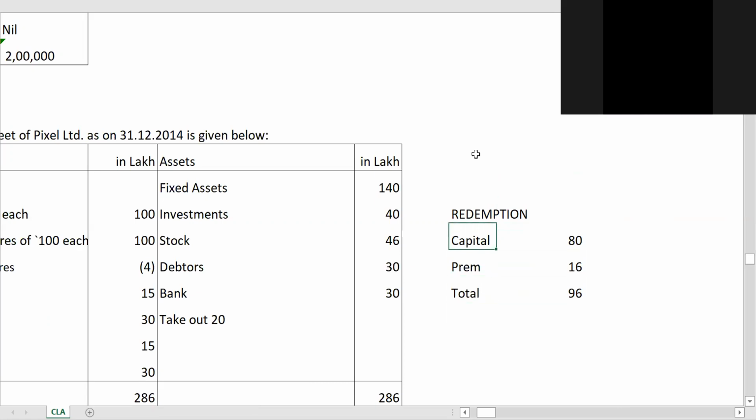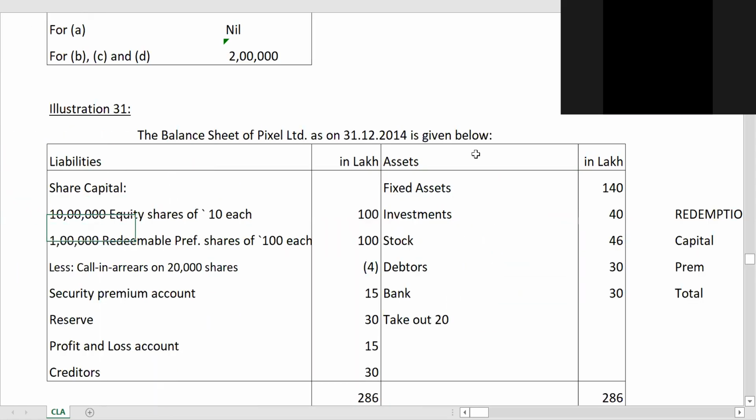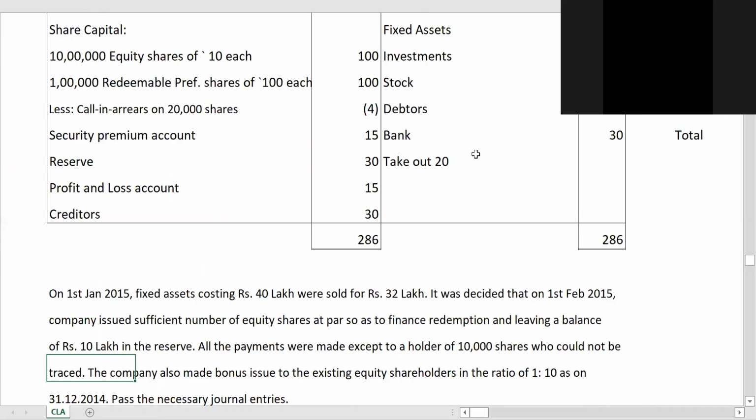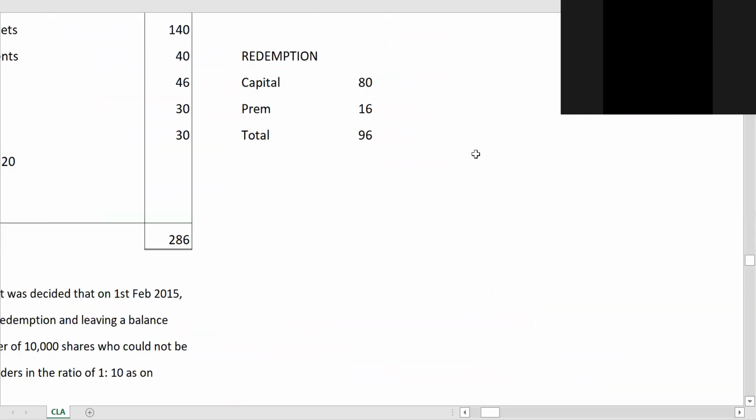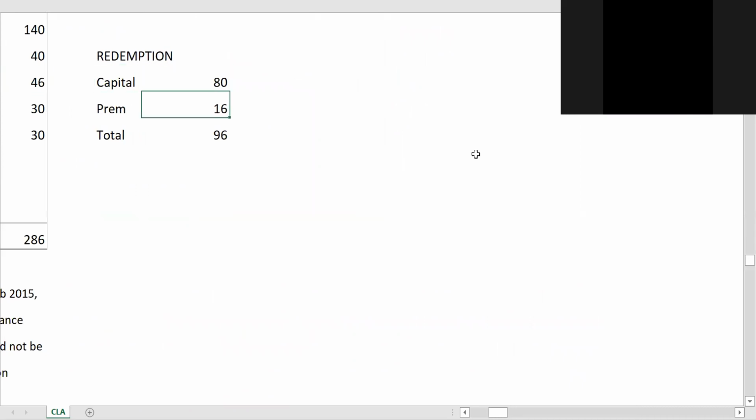Now let us see for that person, 10,000 was not traceable. Total shares were 1 lakh, and 10,000 was not traceable. Out of 1 lakh, 20,000 we haven't considered, so 80,000. So we can say that for 80,000 shares, total money to be paid is 96.